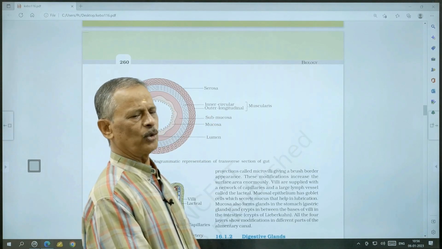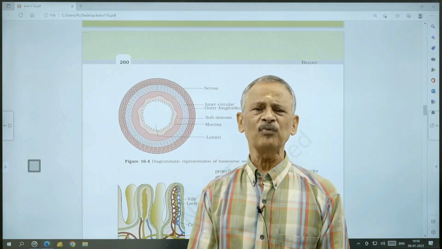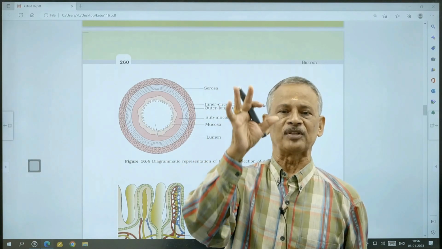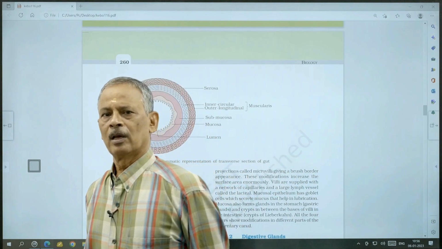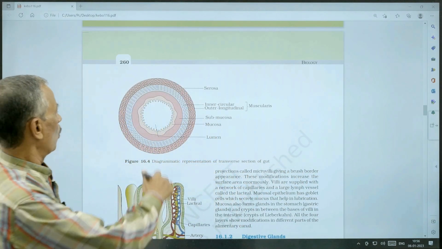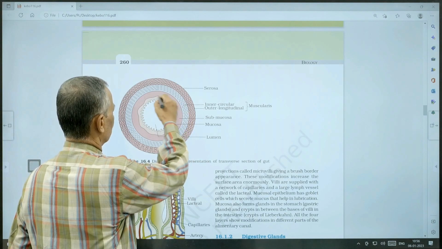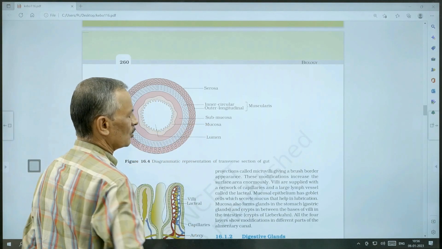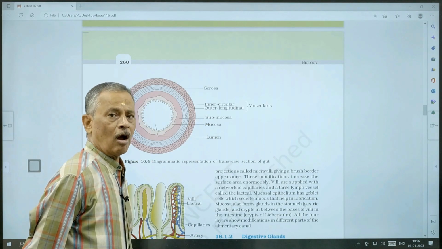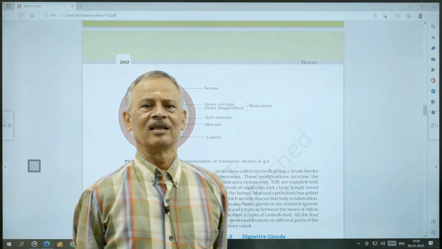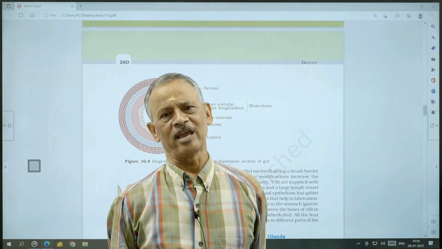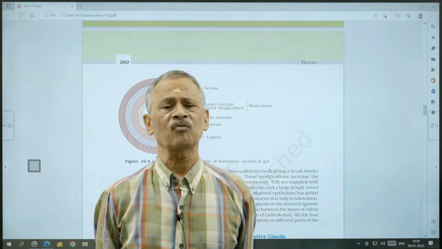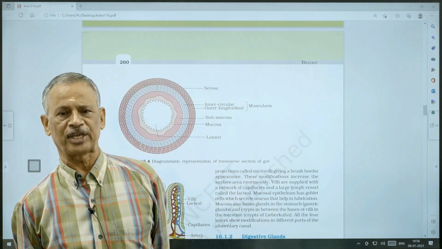Why is it called mucosa? Because it is made up of mucus producing goblet cells, which are all abundant in its epithelium. It is the innermost, which lines, which covers the lumen. Actually, the mucosa consists of tall, cylindrical, columnar epithelium, and is having a very large number of mucus secreting cells throughout the alimentary canal.